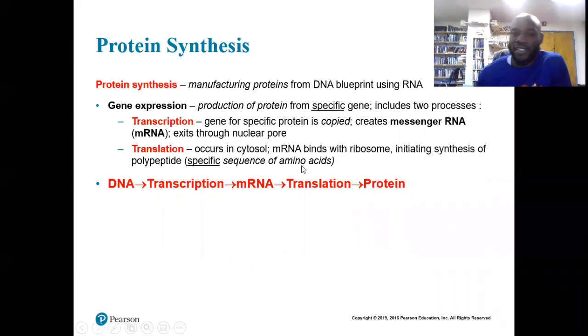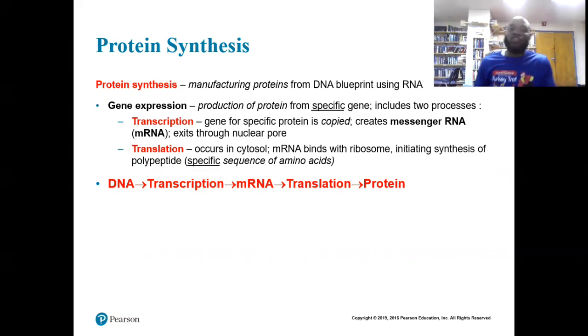So protein synthesis is the manufacturing of proteins from DNA. Like I said, we have gene expression. So a specific gene, a specific section of DNA that is coded into RNA, and then that's coded into protein. Right?